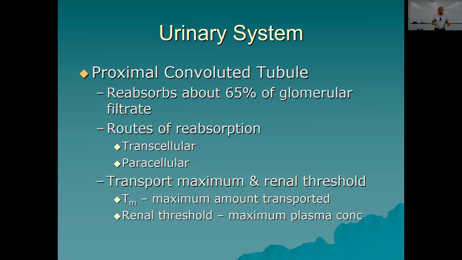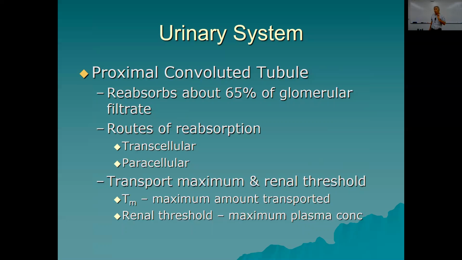So, as I said, these automated systems in the proximal convoluted tubule have a transport maximum. They can only bring back a maximum amount of a substance, like glucose. And that's where renal threshold comes in.